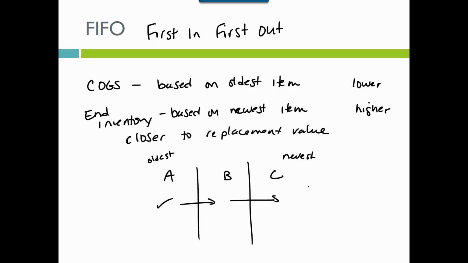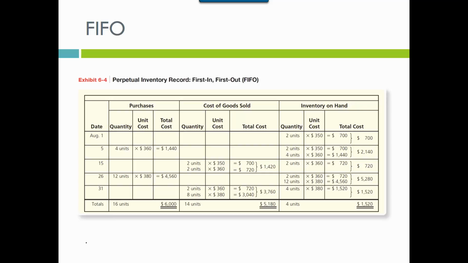It doesn't mean if you reach to the back of the milk carton to get the newer stuff that an alarm's going to go off and they're going to say, you can't do that because we sell the oldest first. So it doesn't always physically match the flow, but we need a method to account for it, and we need to be consistent. So that's what we pick. To me, it's easy to picture that that's how the stuff is actually going. It's easier for me to conceptualize that way.